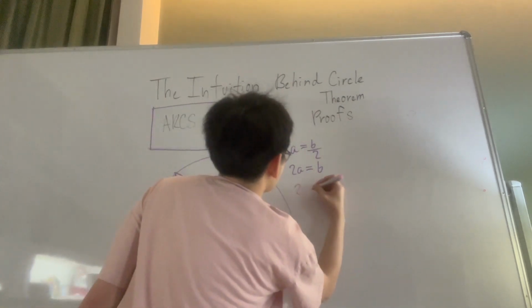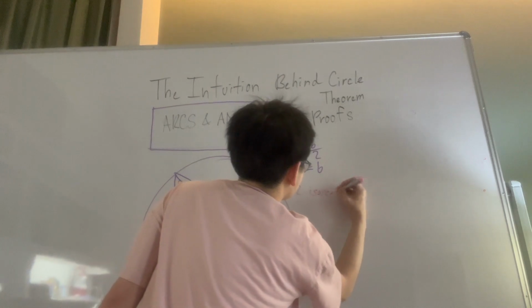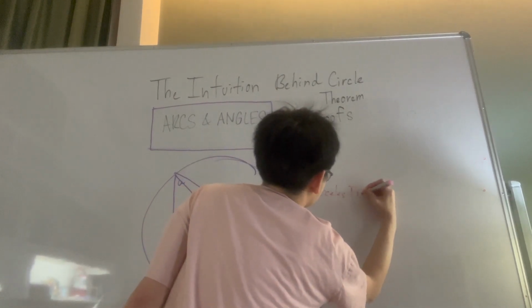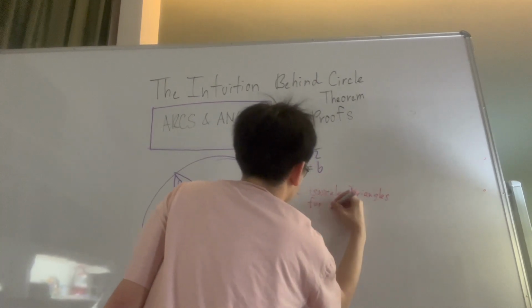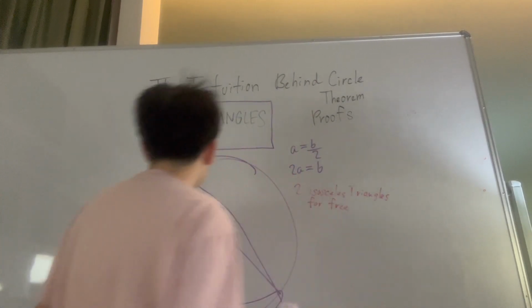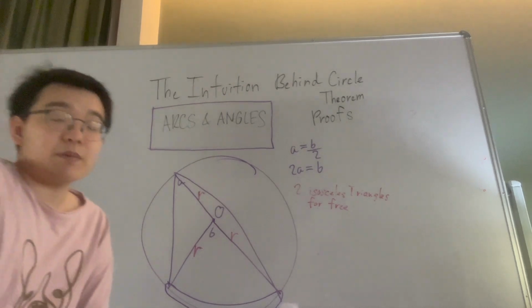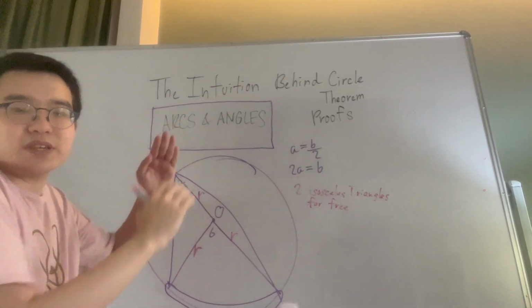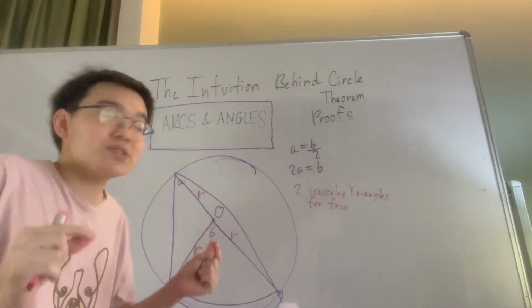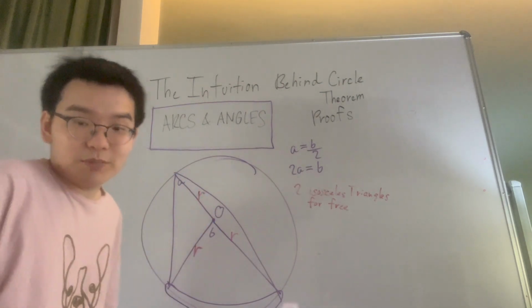So we have two isosceles triangles for free. But what's the key thing about an isosceles triangle? We know that if two of the adjacent sides are the same, then two of its adjacent angles are also the same.